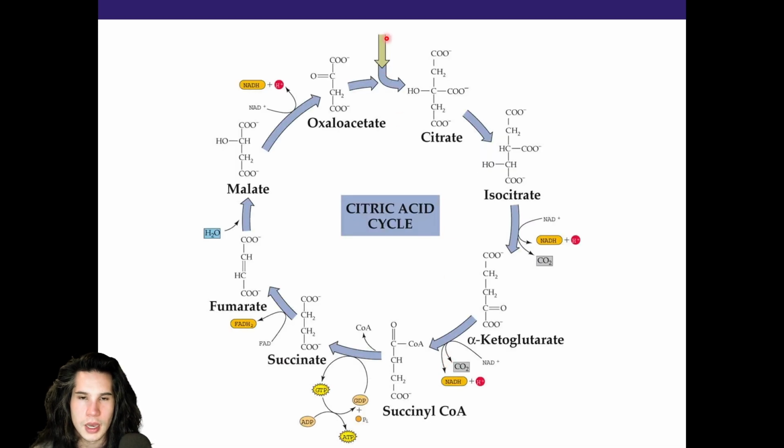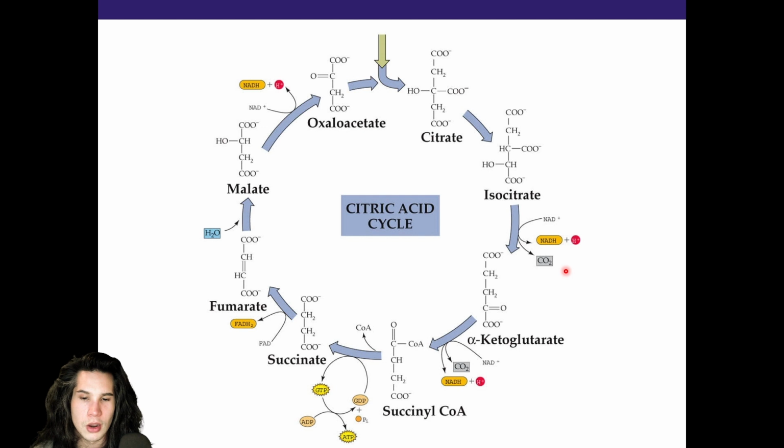So here we have acetyl-CoA entering, being combined with oxaloacetate, a 4-carbon molecule, to form citrate, a 6-carbon molecule. Then citrate is converted into isocitrate, alpha-ketoglutarate, and so on. And in the process, you're stripping away electrons, plugging them into NAD+, which with electrons then picks up a hydrogen, forming NADH.